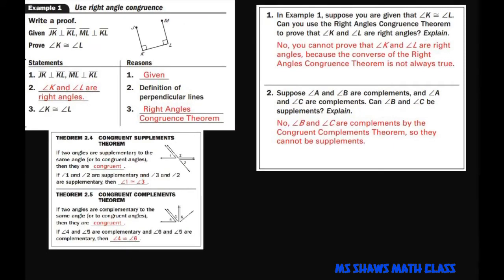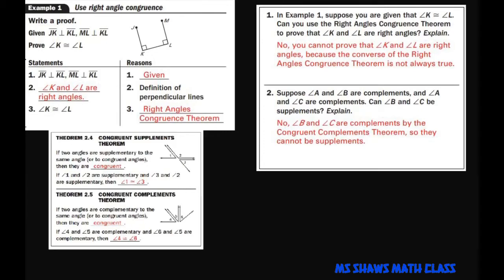All right. In example 1, you're given that angle K is congruent to angle L. Can you use the right angles congruence theorem to prove that angle K and angle L are right angles?